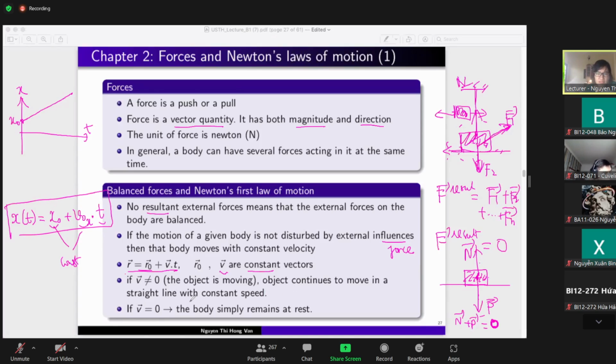And then in case the object continues to move in a straight line with a constant speed, okay, and then if v0 is 0, it remains at rest. If this one is 0, then it remains at rest. So x is all the way x0, so it remains at rest.